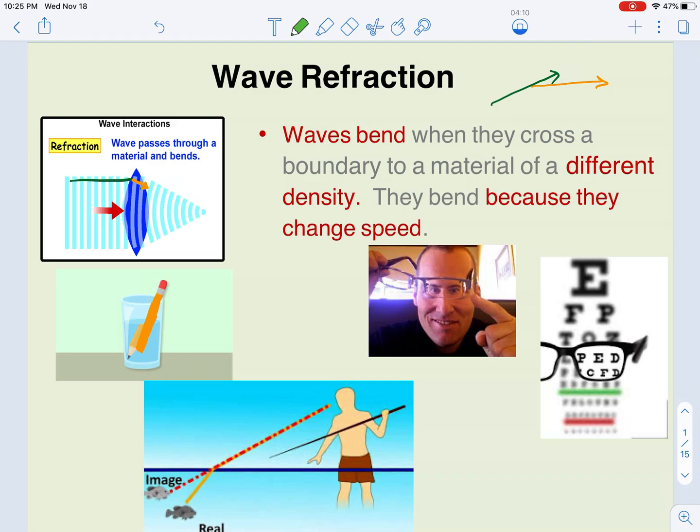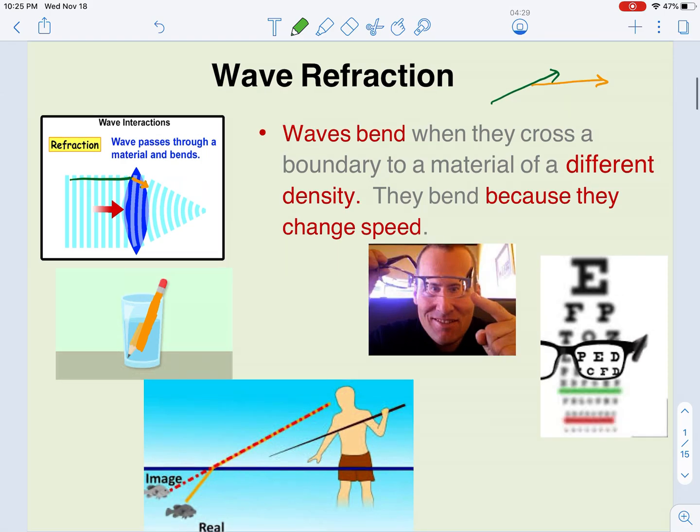And since it is of a different density, that is going to affect the speed with which the light travels through the new medium. So we'll get into the details of how exactly the speed is altered in a moment, but simply understanding that it's moving at a different speed, that's what causes it to follow a different path.